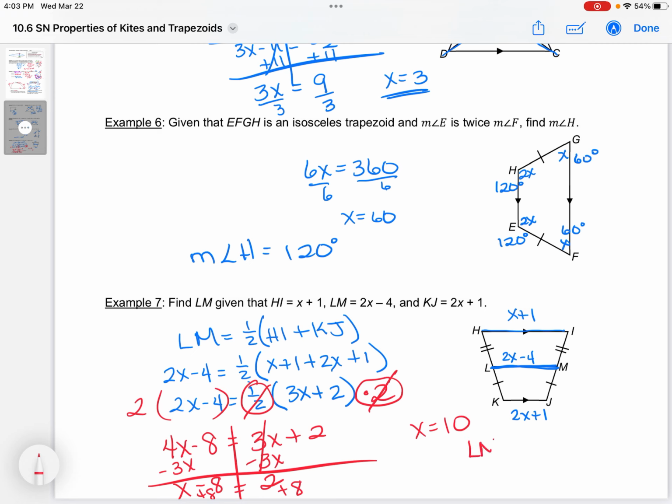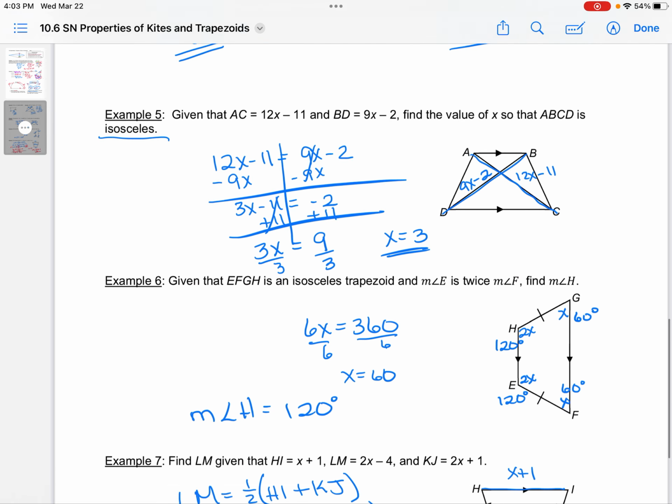And then I'm looking for LM, which is going to be 2 times 10 minus 4, which is equal to 20 minus 4, which is 16. So this was the real answer that we were looking for.